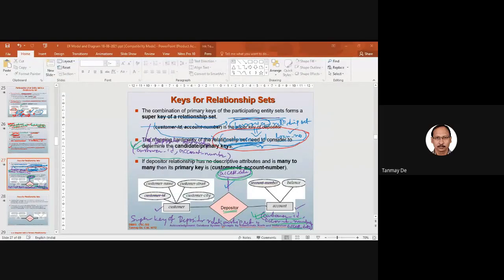So now we go to the ER diagram with a ternary relationship set, that is, a relationship set associating three entity sets. In this example, employee, branch, and job. Suppose in the banking database system, an employee of a particular branch may serve a job.